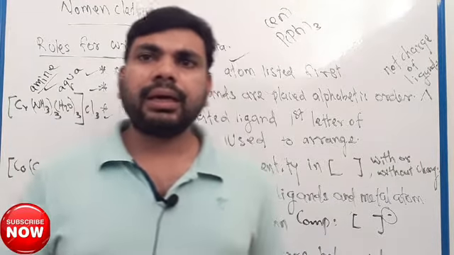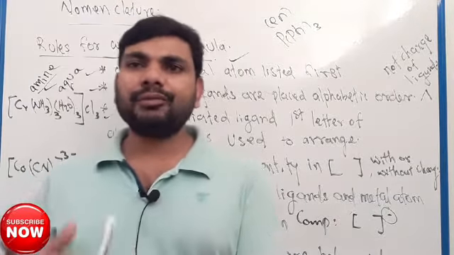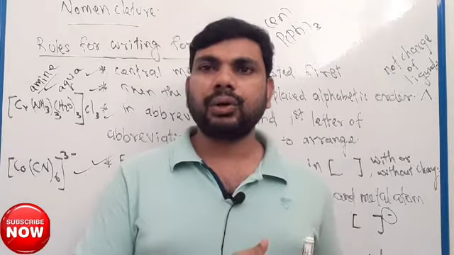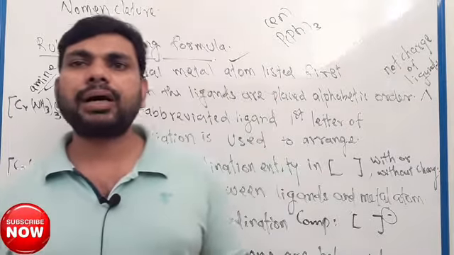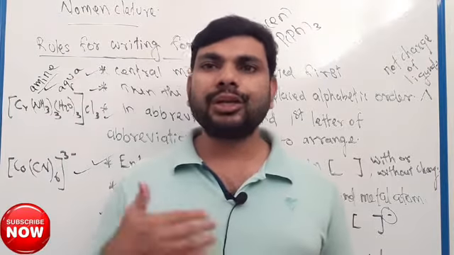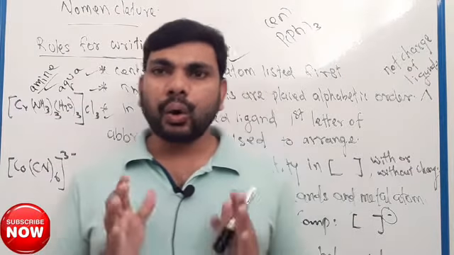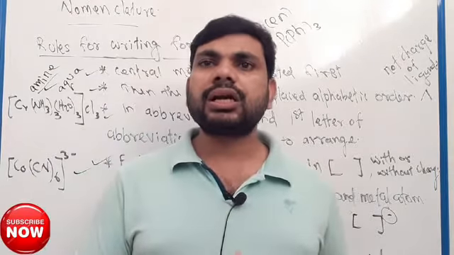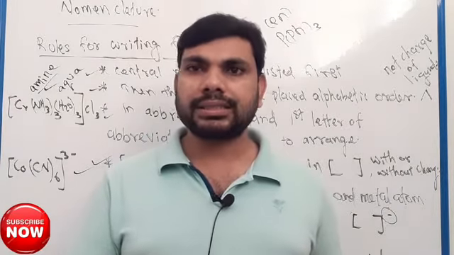A coordination compound has a positively charged part, the cationic part, and a negatively charged part, the anionic part. Always the negatively charged part and positively charged part will be balanced.